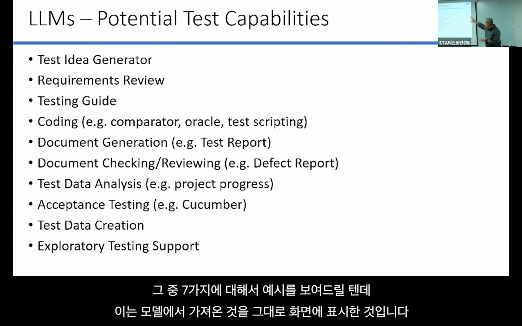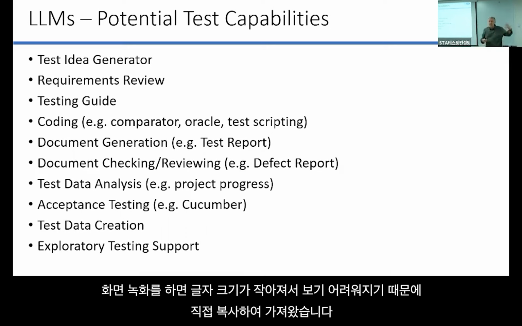What I'm going to do next is take you through, I think, 7 of these, for which I've got examples to show you the sort of thing that you would get. So that you can read it on the screen, I've cut and pasted from the different models rather than screen recording, because the size would be too small for you to read.